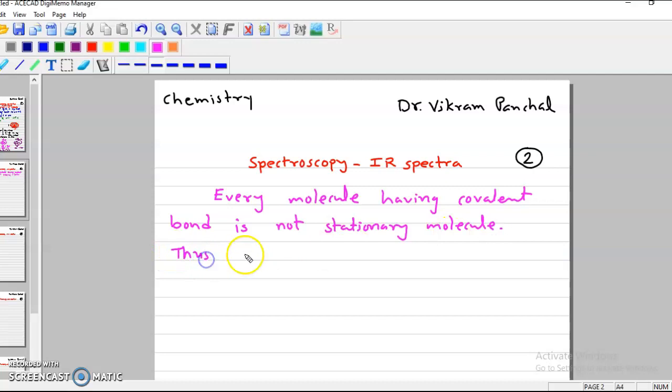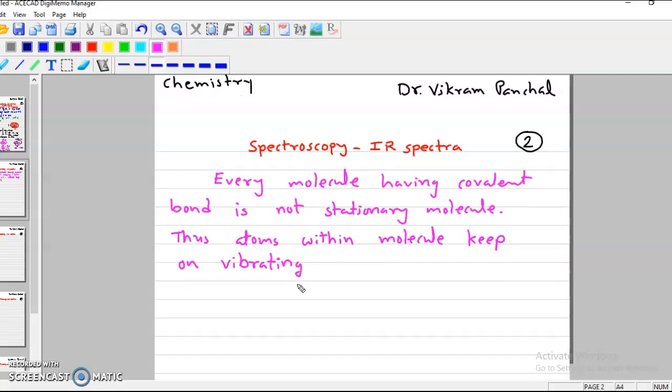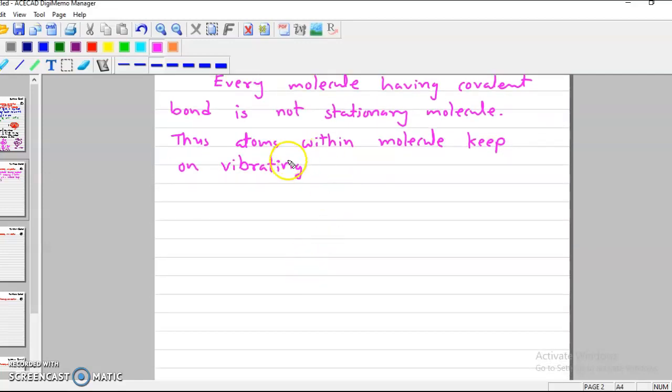Thus, atoms within molecule keep on vibrating. Okay, they keep on vibrating, and that is called basic vibrational level.